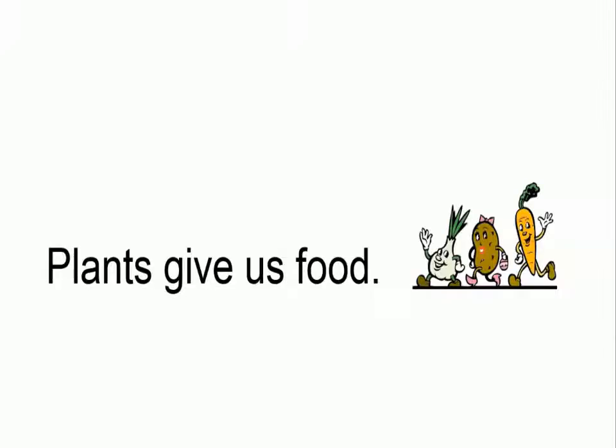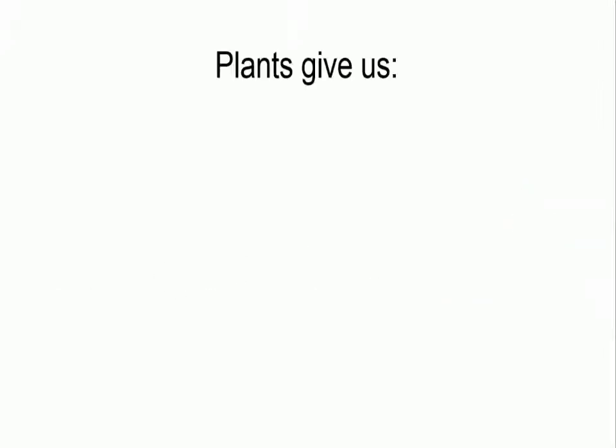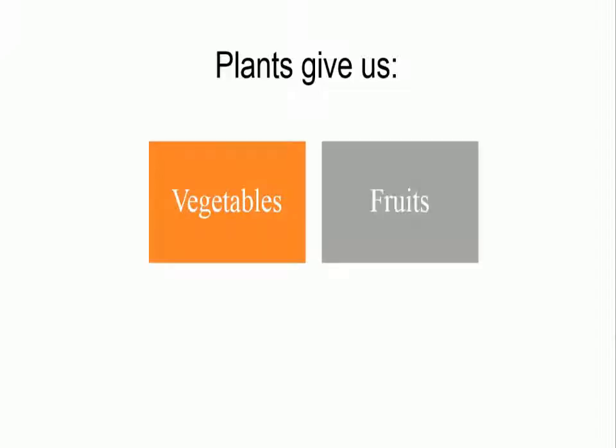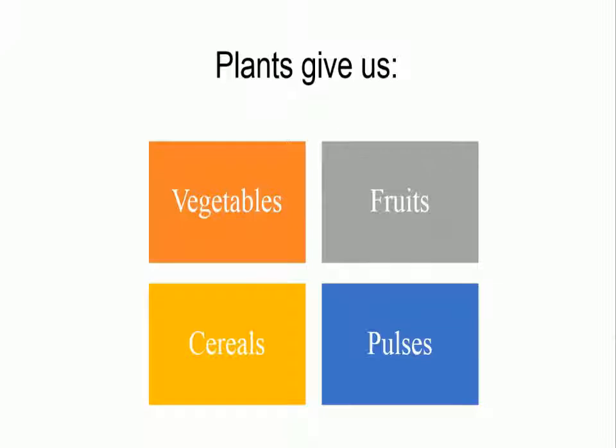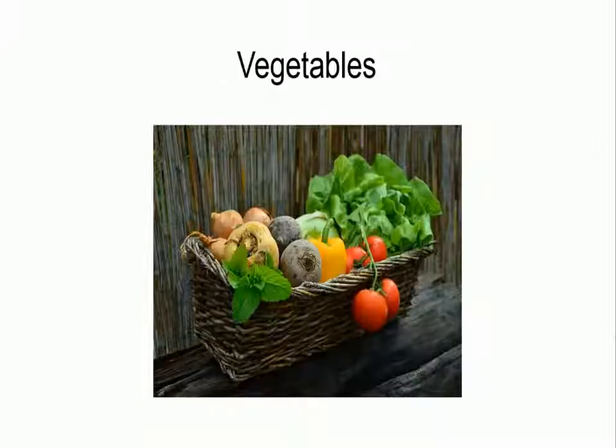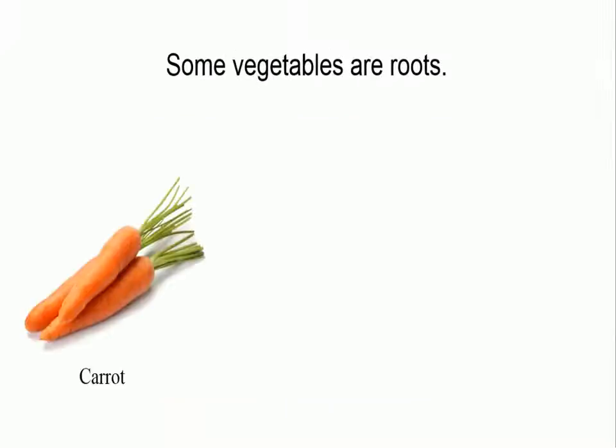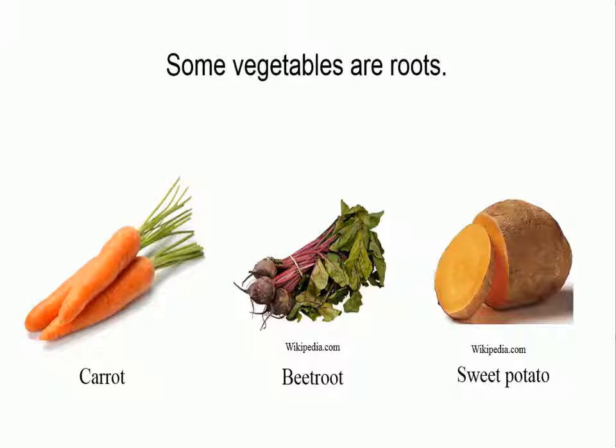Food from plants. Plants give us food. Plants give us vegetables, fruits, cereals, and pulses. Let's learn about all of these. Vegetables. Some vegetables are roots. Carrot, beetroot, sweet potato.